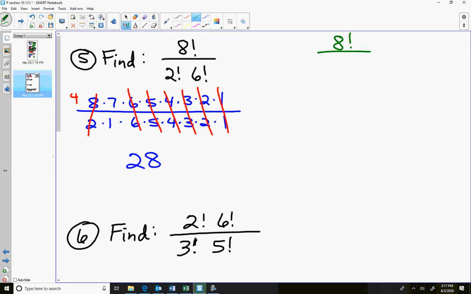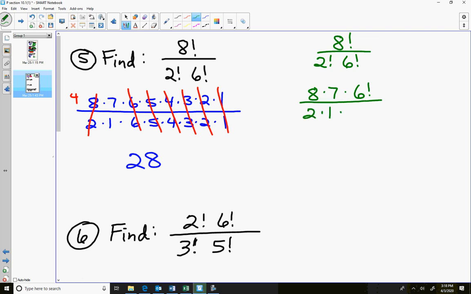I'm going to do the same question again. This time, 8 factorial, I'm going to write it as 8 times 7 times 6 factorial. Because that would still mean 8 times 7 times 6 times 5 times 4 times 3 times 2 times 1, but I just leave the 6 factorial there.